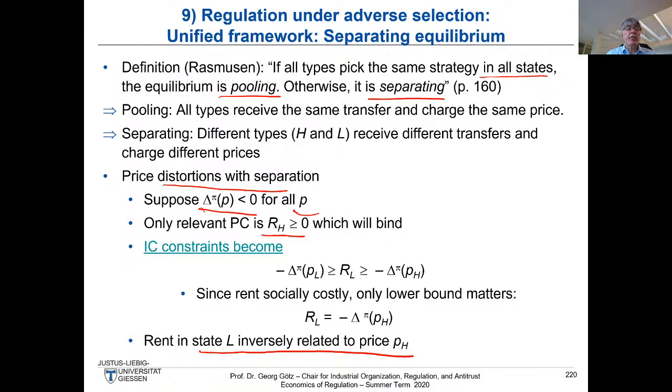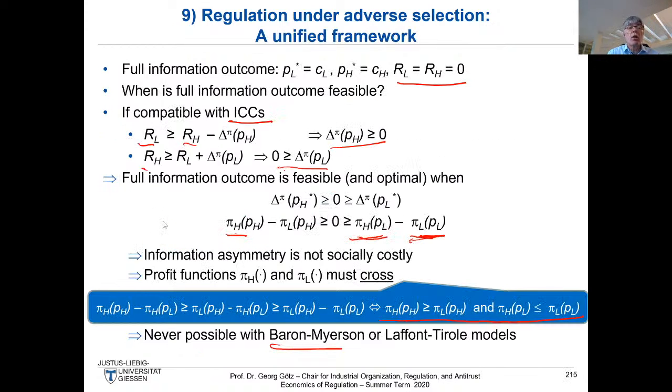How does the IC constraint look like? That's actually what we derived here. The only point is that here we set RL equal to 0.